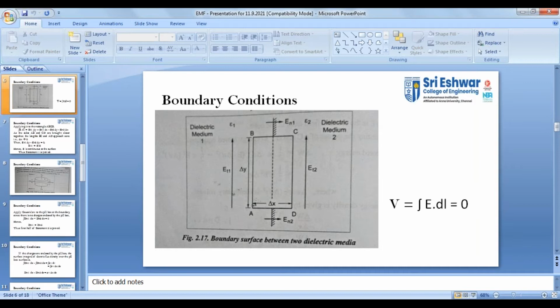It is purely a derivation, so I'll come to the board now so that it will be convenient to explain. You can easily understand if I do it on the board rather than with the PPT. After finishing the board work, I will come back to the PPT.